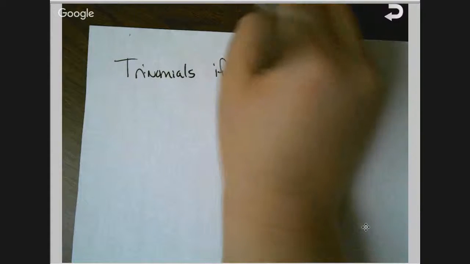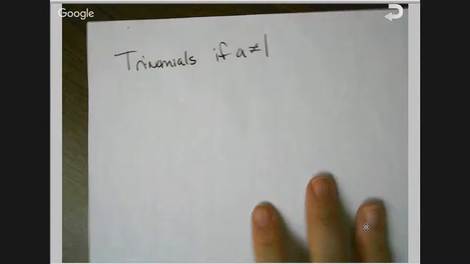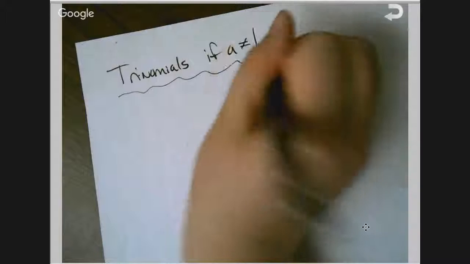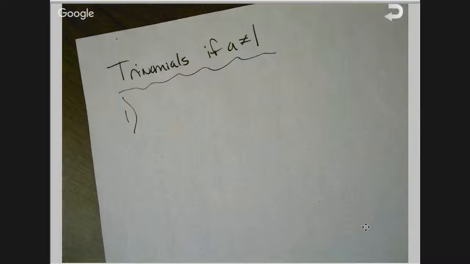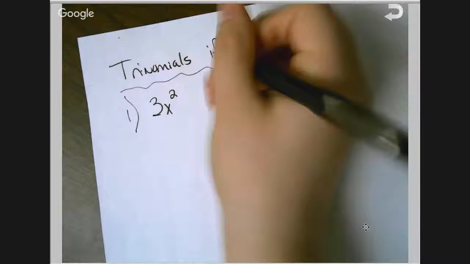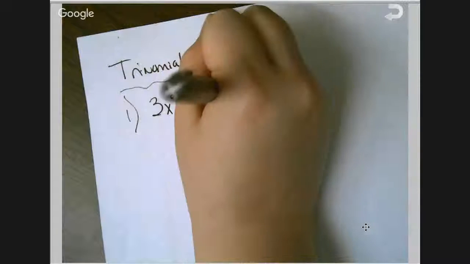If a does not equal 1, so we're going to do 3x squared minus 5x plus 2.